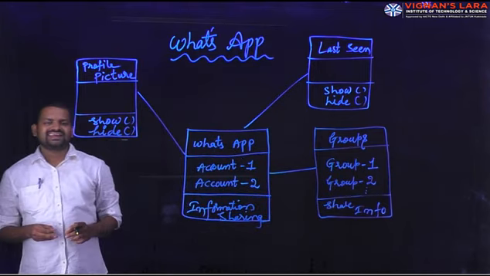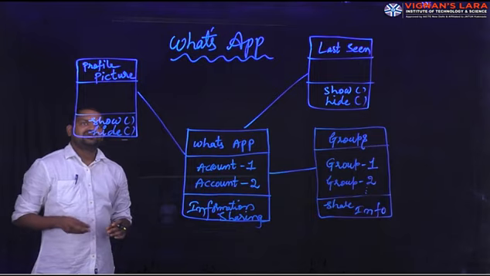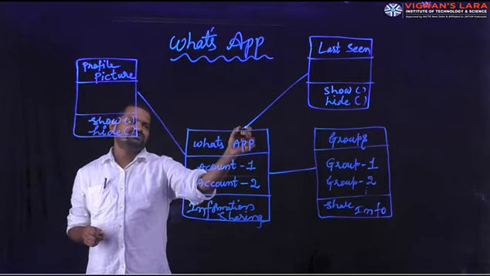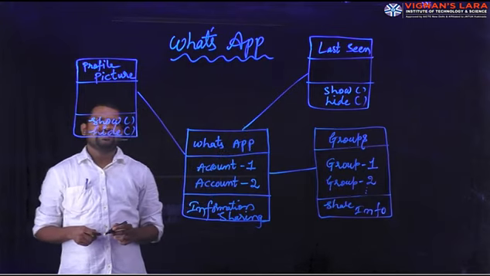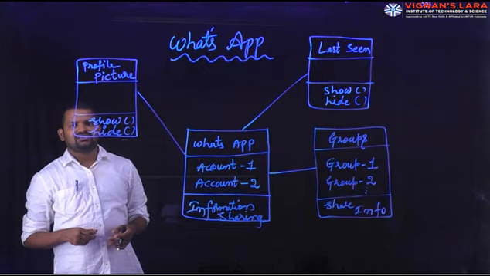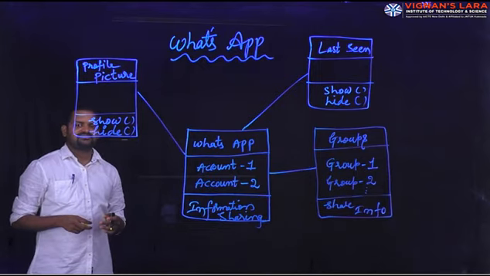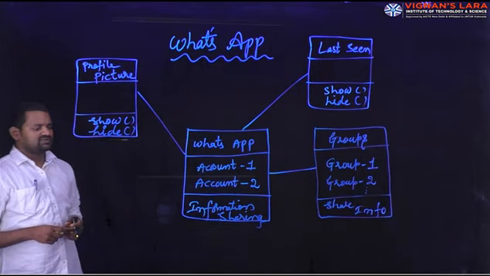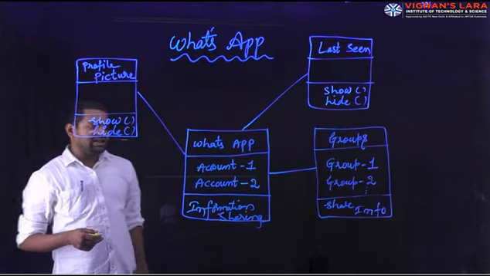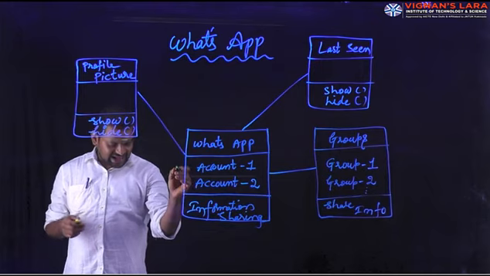Are there any other classes? Profile picture is one class that is used to display your picture. Last seen shows at what time you used the WhatsApp, and groups are the different kinds of groups. So we have to add another class, a call class.